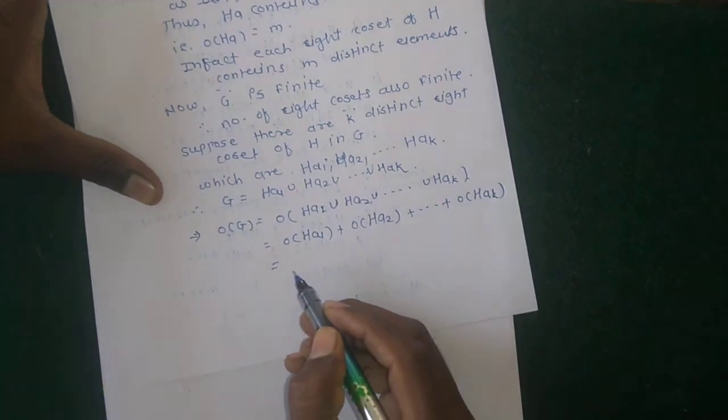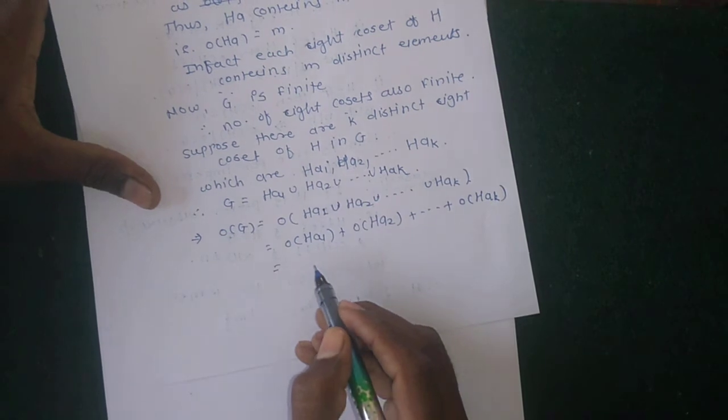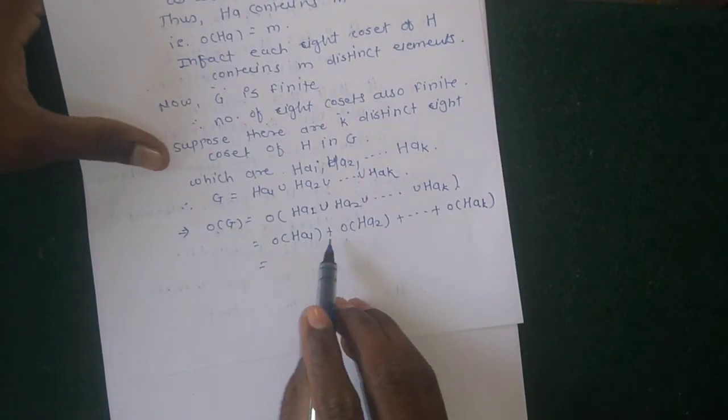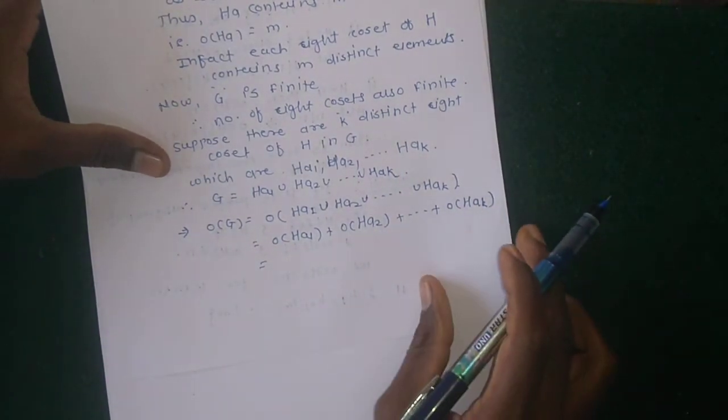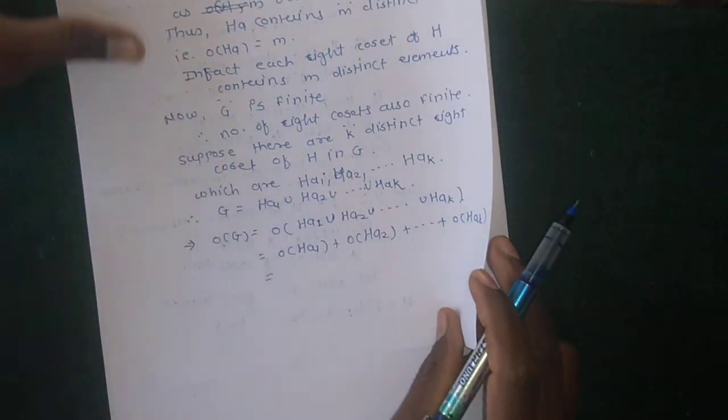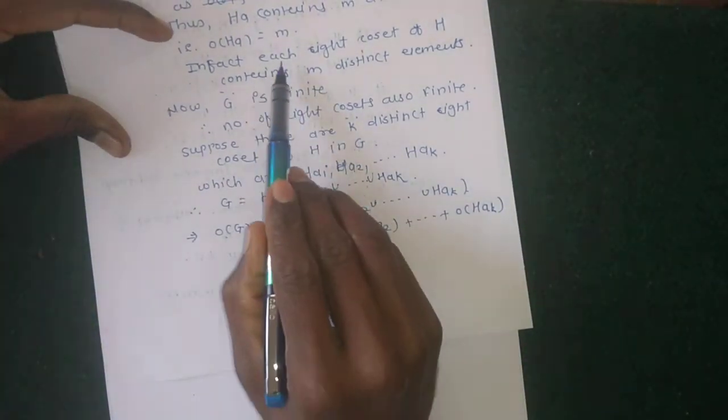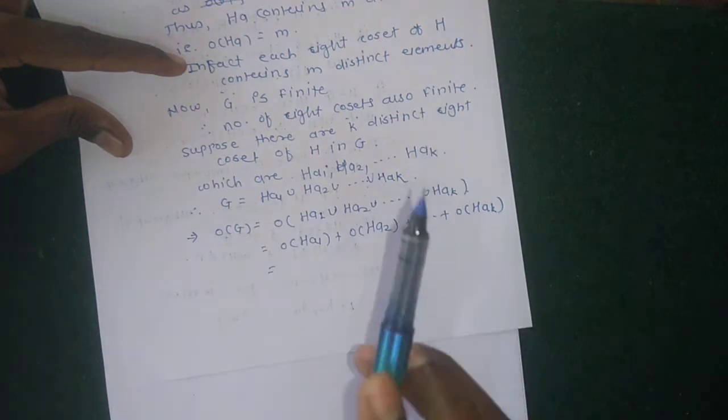But the order of each is m, because each right coset of H contains m distinct elements.